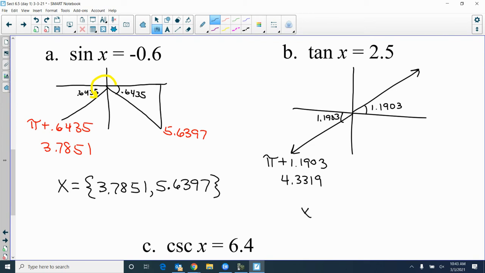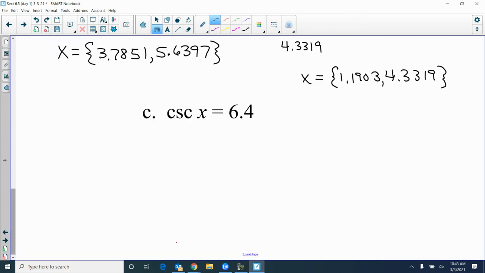And so I get my 2 answers of 1.1903 and 4.3319.